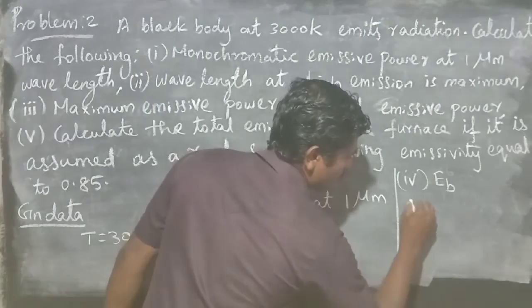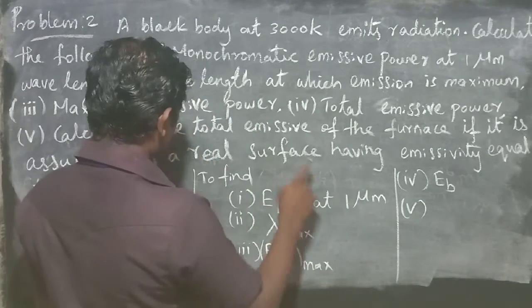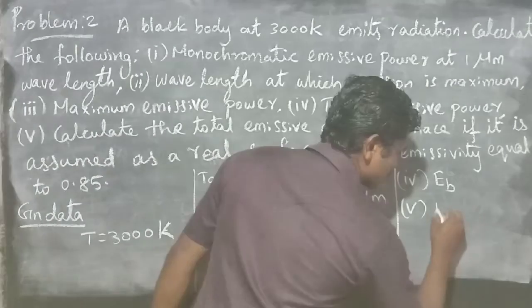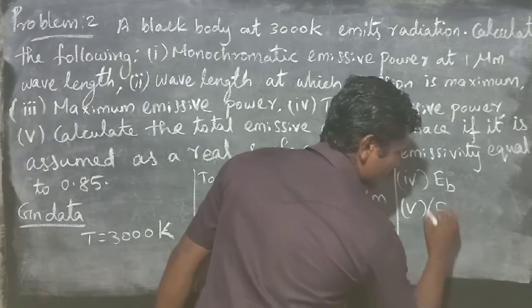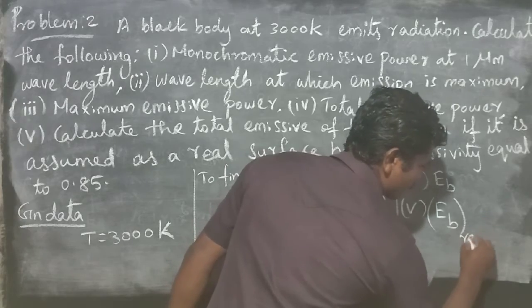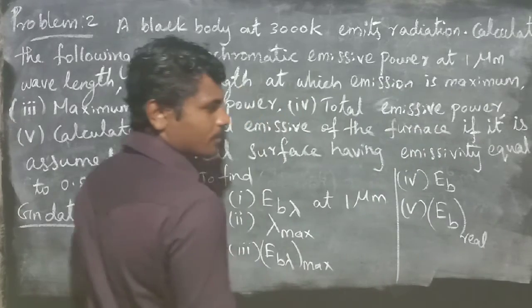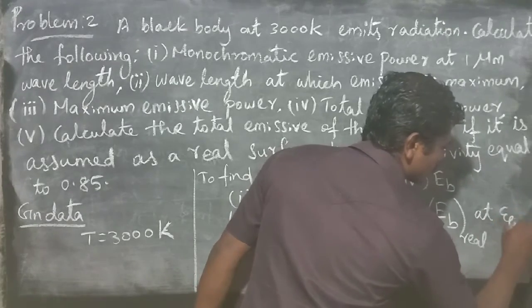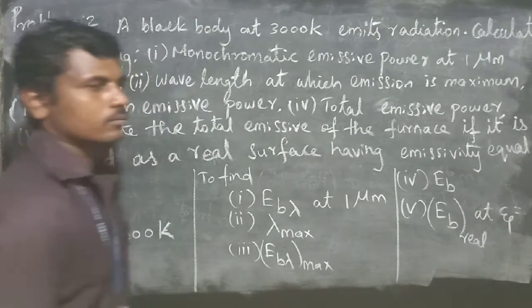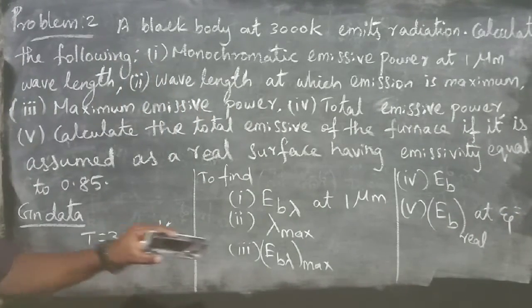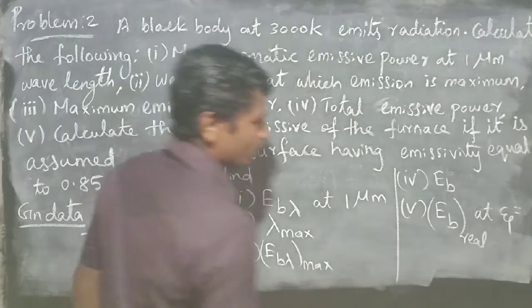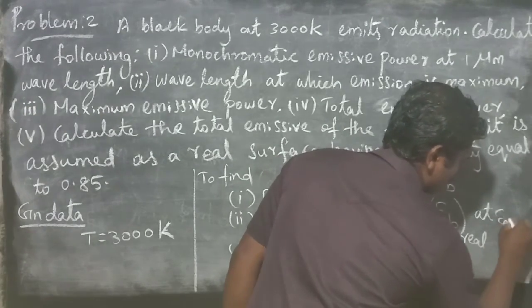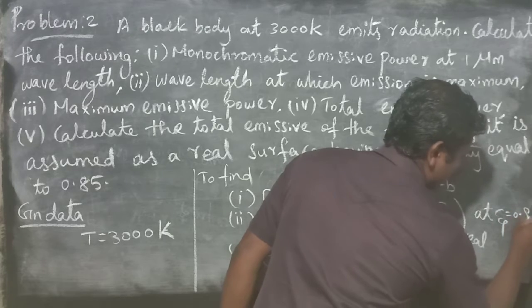Fifth case, we need to find the same total emissive power, but it's a real surface, and it has an emissivity epsilon equal to 0.85.